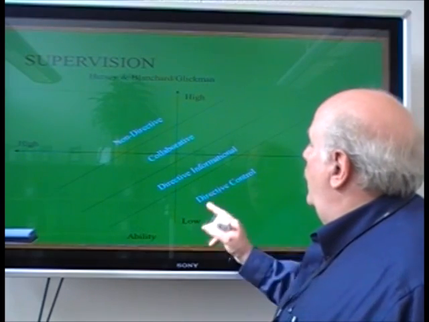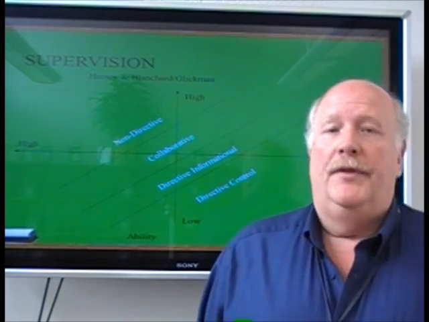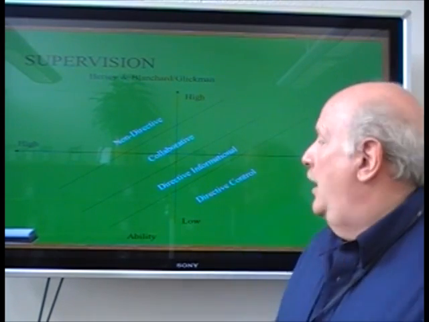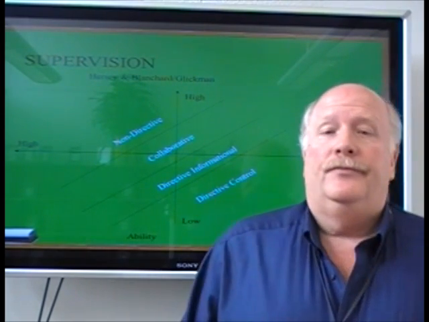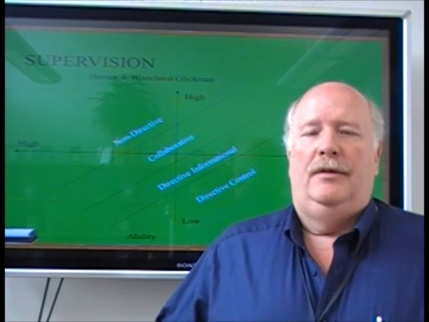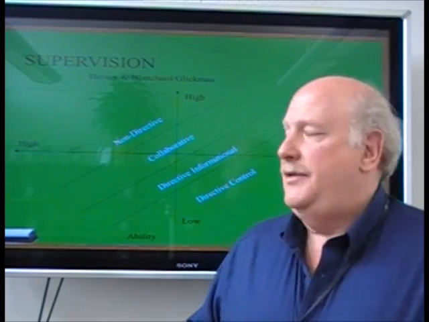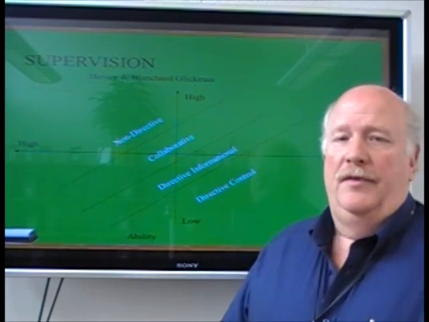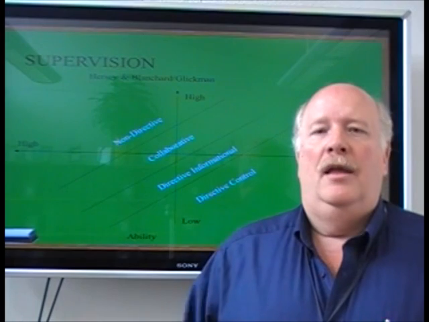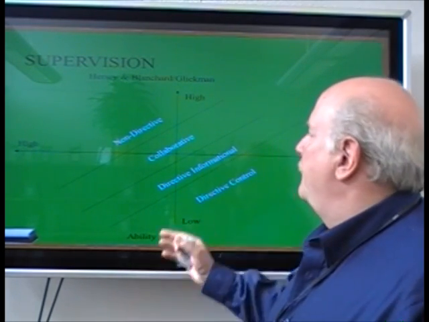But he calls the first one directive control, which means you basically tell the people what they're going to do, and they do it. Directive informational means you give them information in a directive manner, which tells them how to do things as opposed to what to do. You give them information to help guide them through a learning process or an improvement process or whatever.